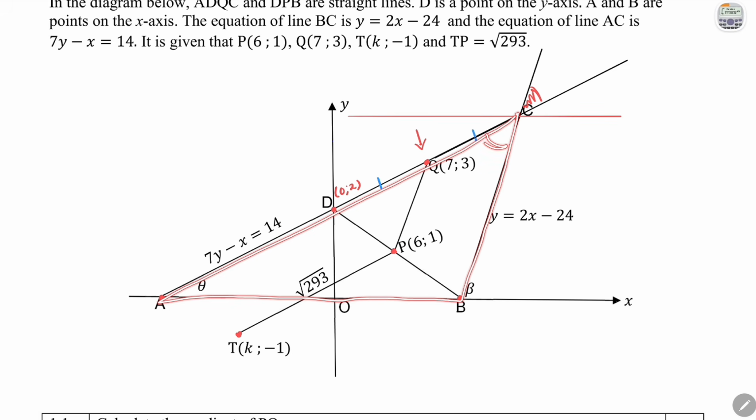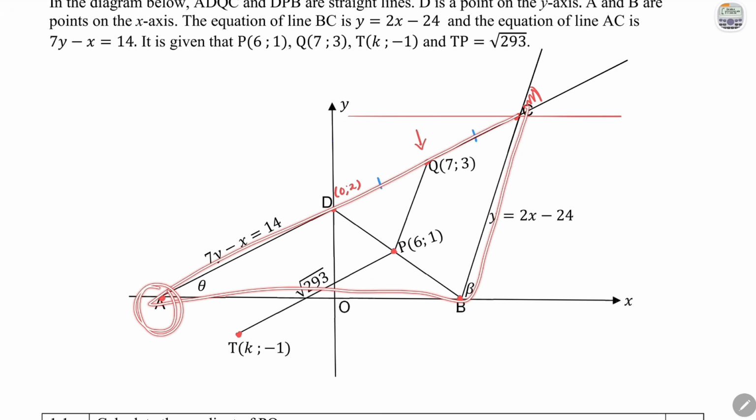Yes, we have this angle, but we don't have to go through the stress of finding this side and this side, because we can find this triangle's height. The highest point that this triangle reaches is C, so we could find that height if we knew the y value of C. Of course, you'd have to find the base, meaning you need to know what A and B are. And then we could take that entire area and subtract the area of this triangle, ADO.